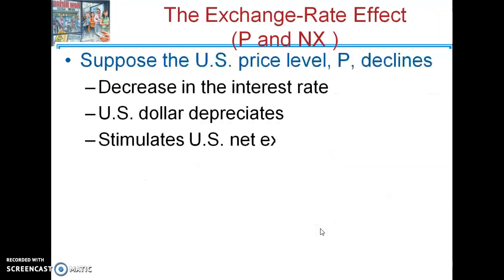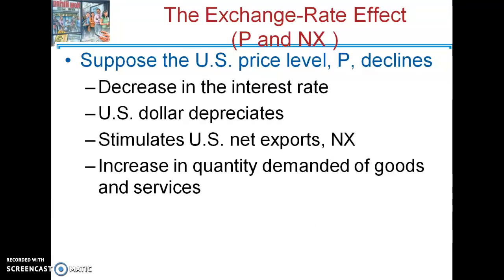And then the exchange rate effect. So if price levels fall in the United States, think about it: if prices are lower in the United States, then made in America becomes relatively cheaper. So people buy more made in America products. So quantity demanded will increase for U.S. goods.